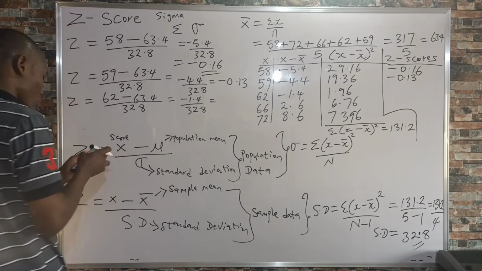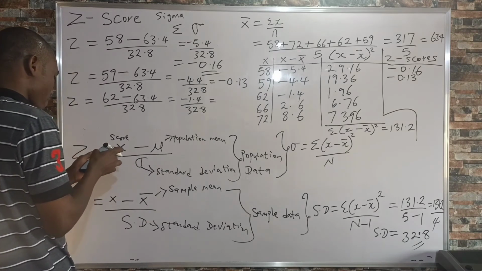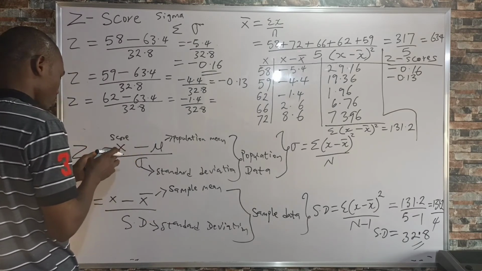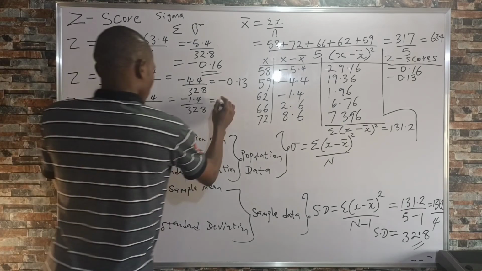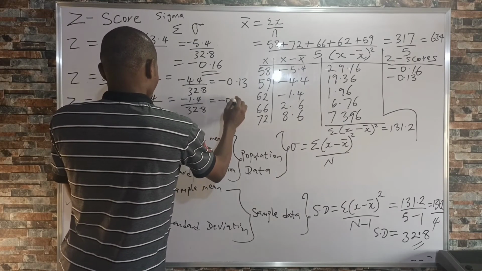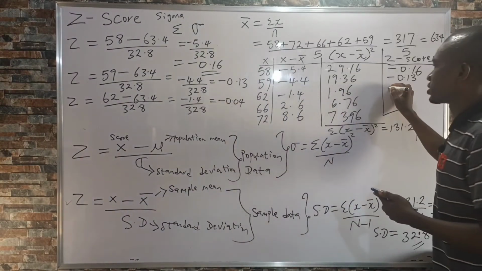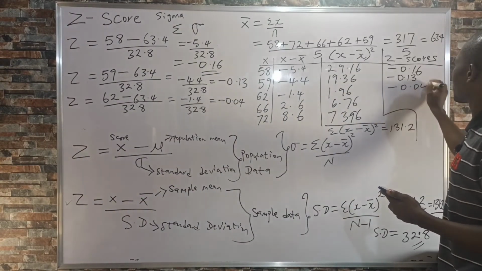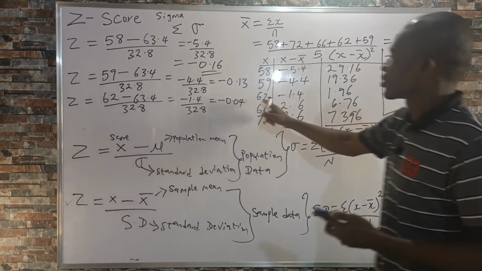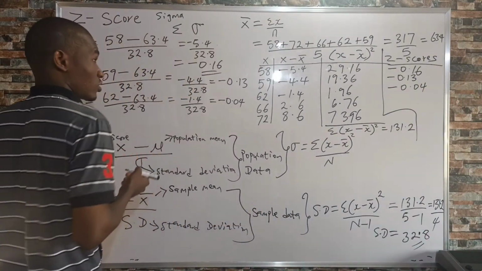When we divide by 32.8, it will give us negative 0.04, approximately to 2 decimal places. We have negative 0.04 as the standard score for this 62 based on the z-score.